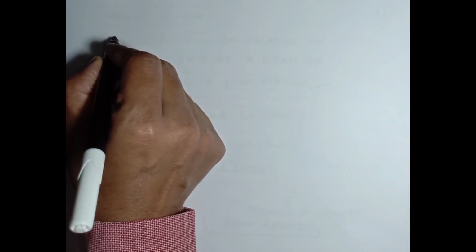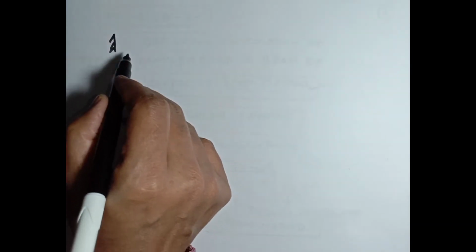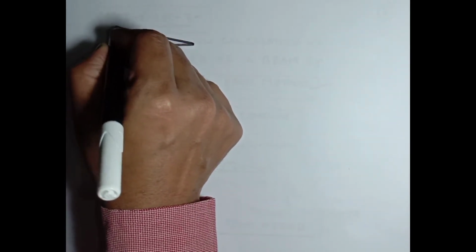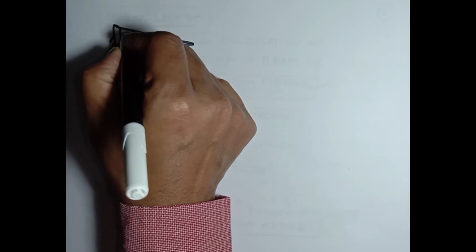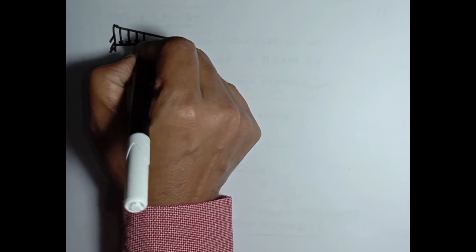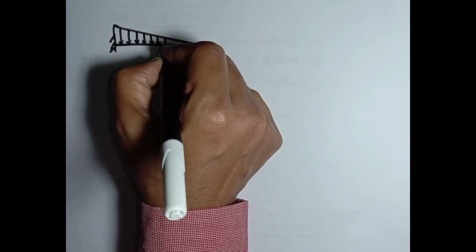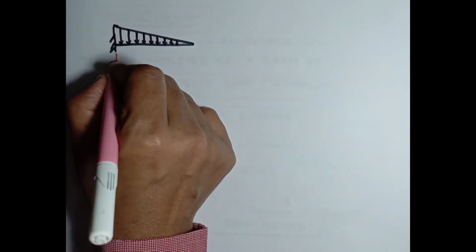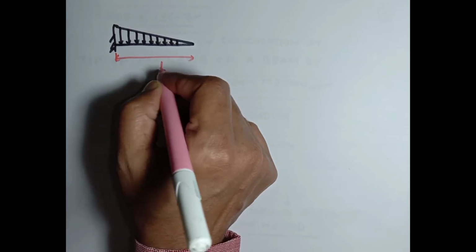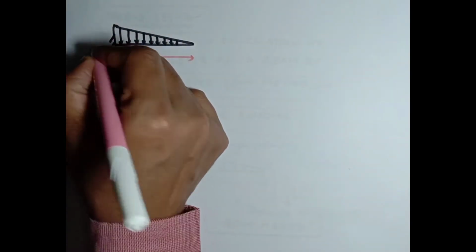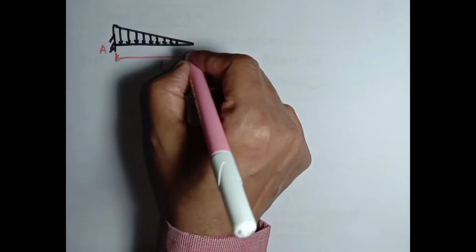You can see the problem statement is here. This is the loading acting on this cantilever beam. The length of this beam is L and the fixed end is designated with A and the free end with B.